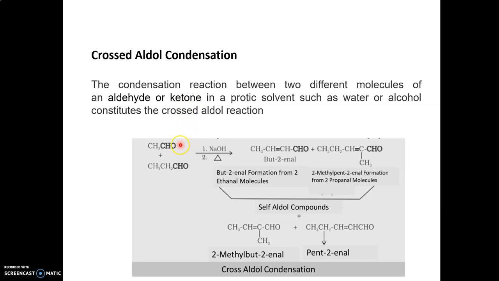The reaction can occur between two aldehydes which have alpha hydrogen. In those cases, we get four different types of product. However, when the reaction occurs between two aldehydes and one of them does not contain an alpha hydrogen, then it results in the formation of only two products.